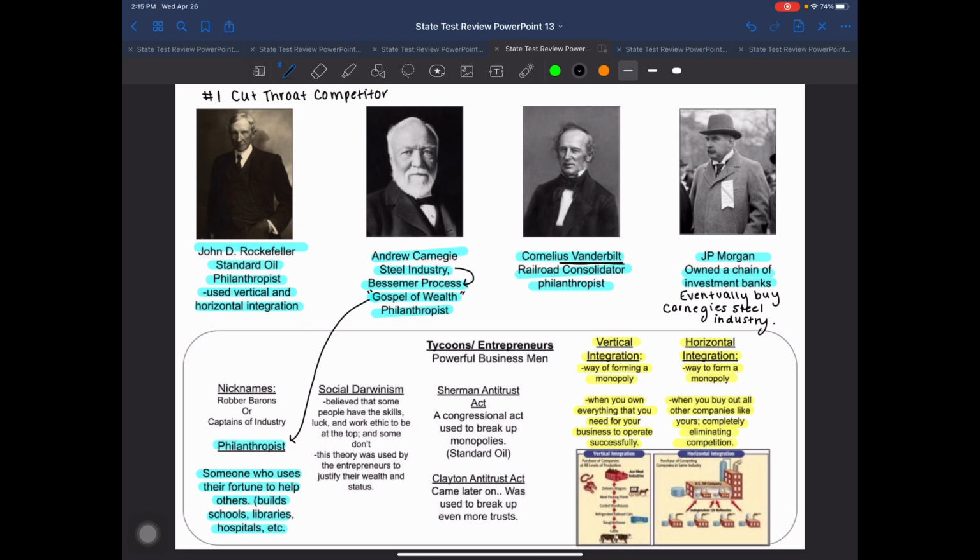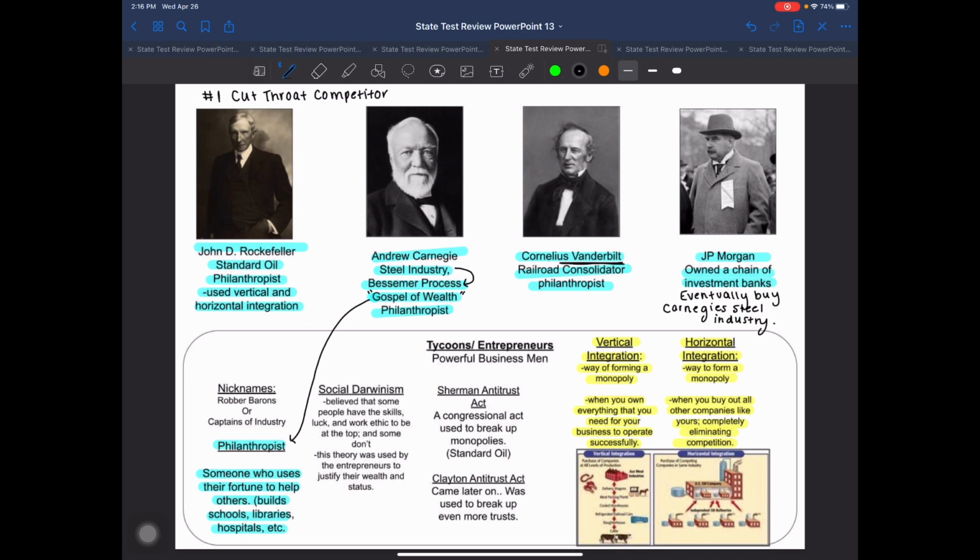He was very much known for this: when an oil company started competing with him, he would move in, drop his oil rates very, very low, cause that company to nearly go bankrupt, and then come in and buy that company out. So that's just one example of many.